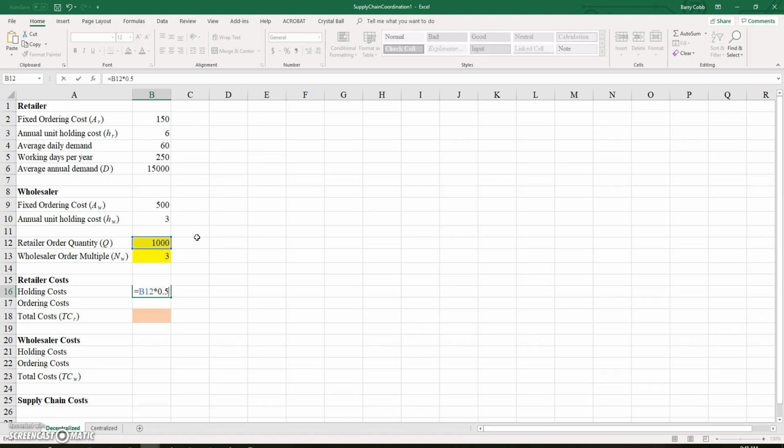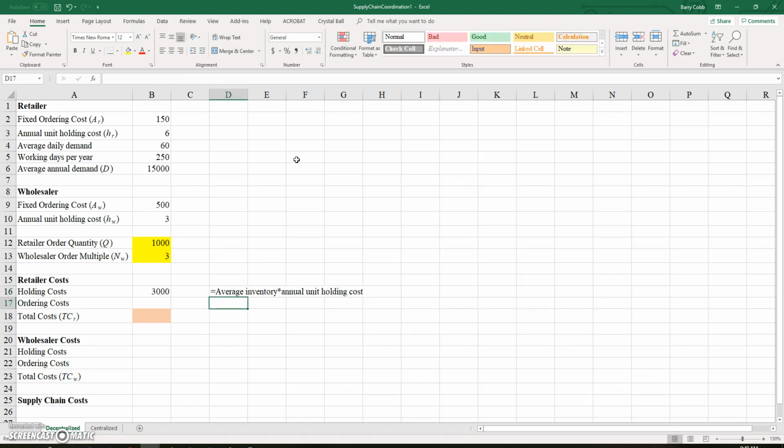This is very similar to the assumption in the economic order quantity model. If we multiply the average inventory times the annual unit holding cost, we get the holding cost for the year. So to recap, the retailer's holding costs are the average inventory during the year times the annual unit holding cost.